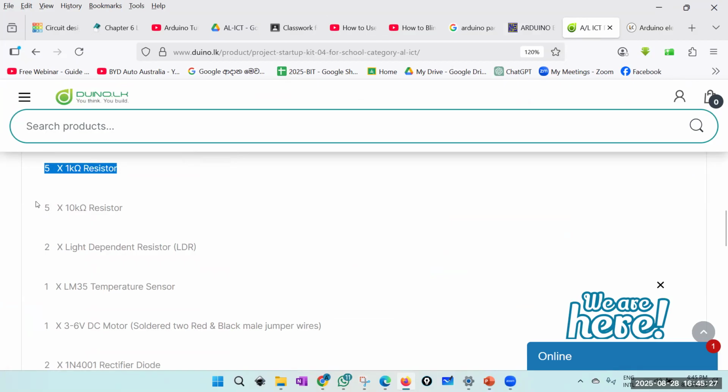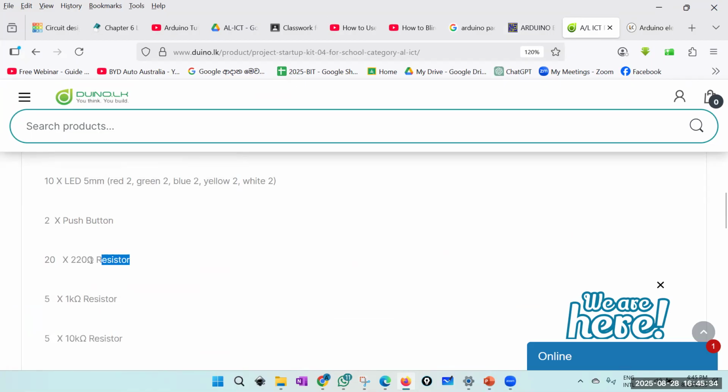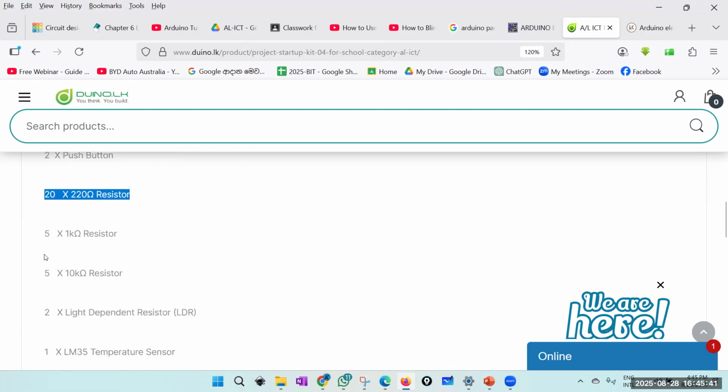That means 5 number of 1 kilo ohm resistors, 5 number of 10 kilo ohm resistors. Right. 2 number of 220 ohm resistors. Right. You can see a set of about 12 resistors is there.